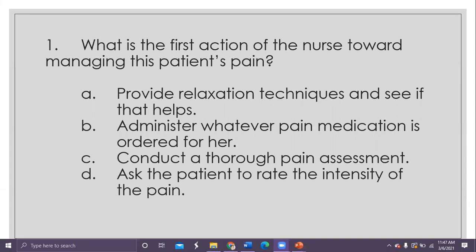So the question is, what is the first action of the nurse toward managing the patient's pain? Provide relaxation techniques, administer whatever pain medication is ordered, conduct a thorough pain assessment, or ask the patient to rate the intensity of the pain. You think it's ask the patient to rate the intensity?